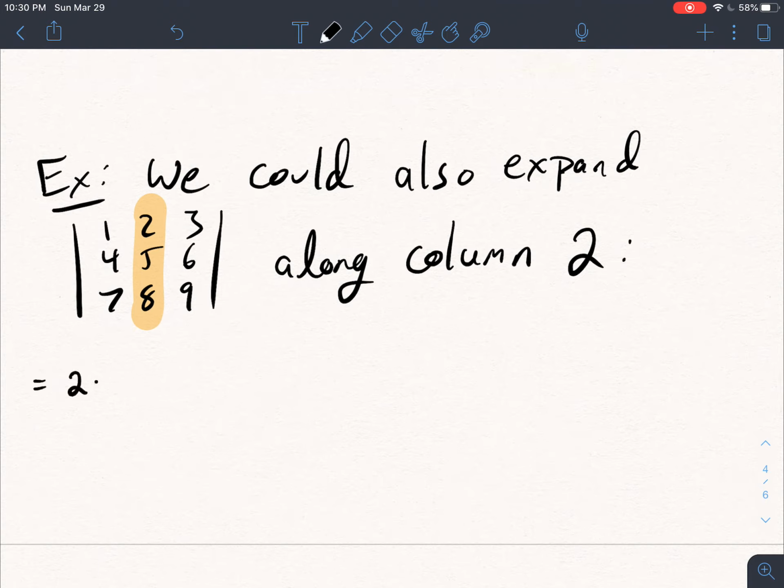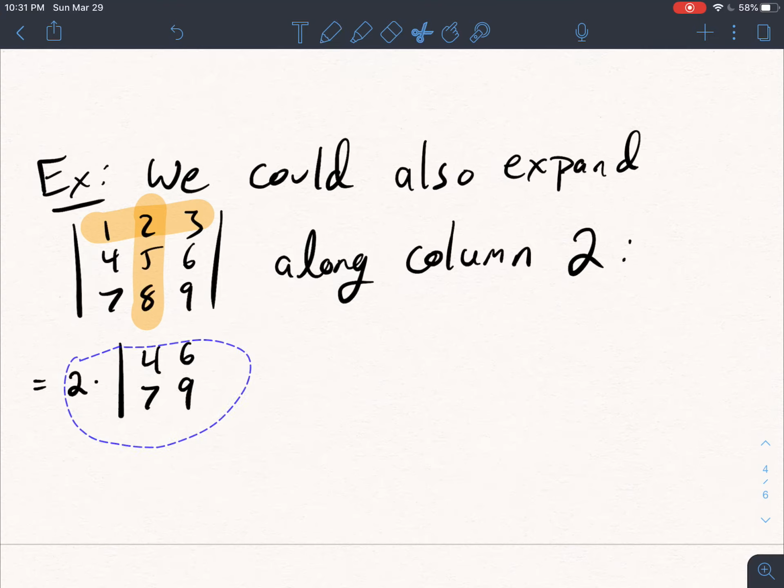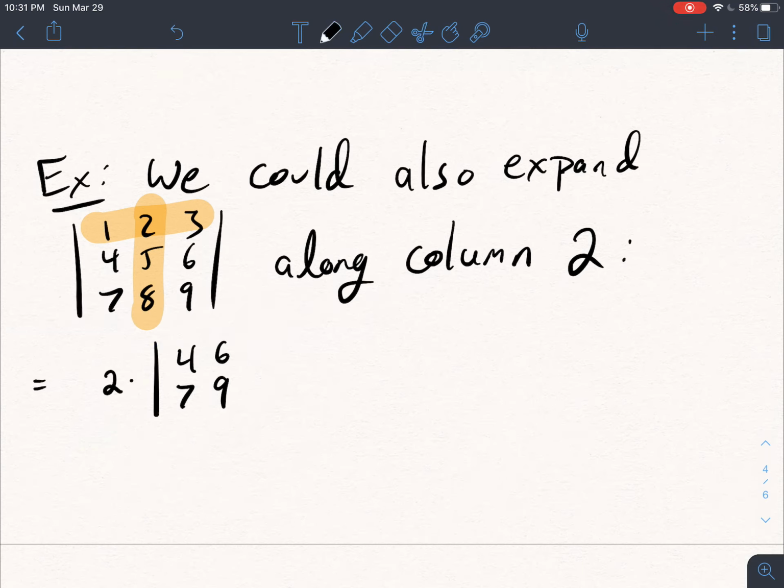So I'm going to take the first entry of that column times the corresponding minor. For the 1, 2 entry, I remove row 1 and column 2, and I'm left with the matrix 4, 6, 7, 9. Let me move this over a little bit.